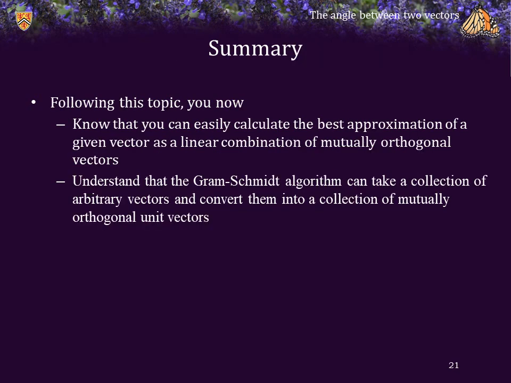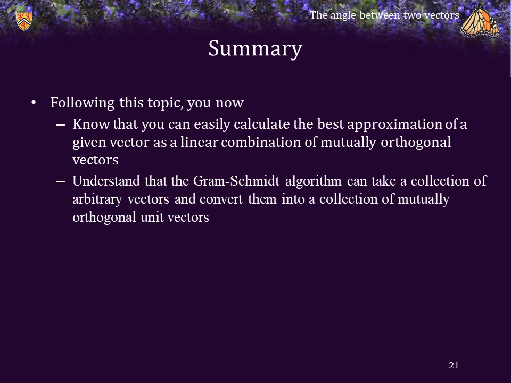So, following this topic, you now know that you can easily calculate the best approximation of a given vector v as a linear combination of mutually orthogonal vectors by simply projecting v onto each of these vectors and adding the results.